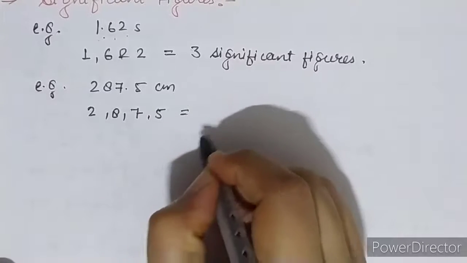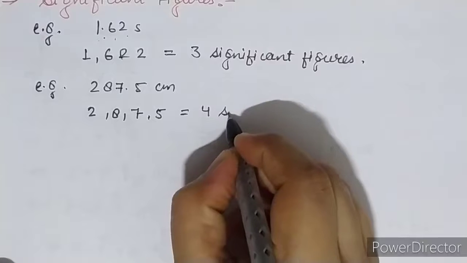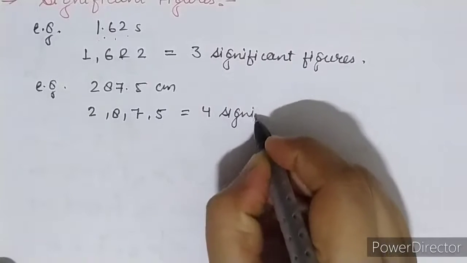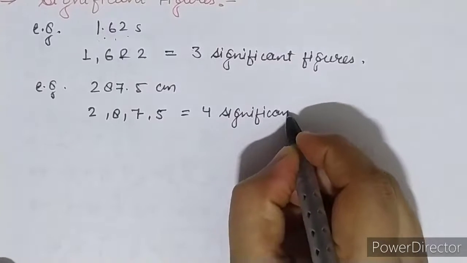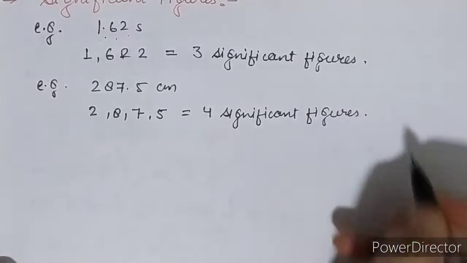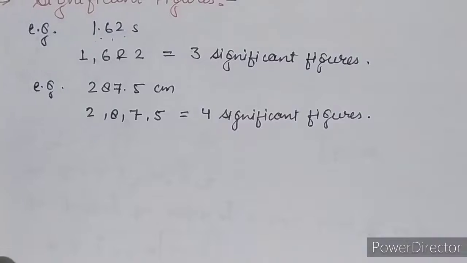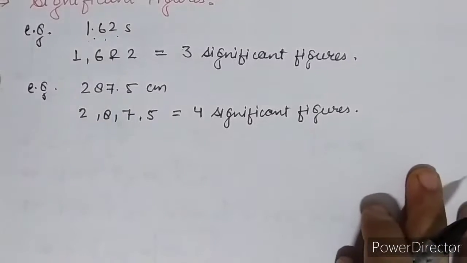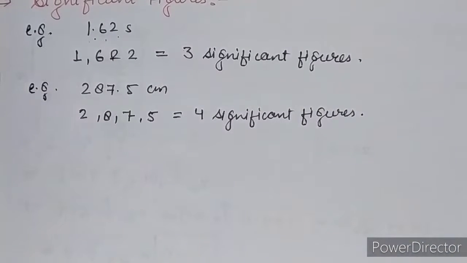So there are 4 significant figures. Okay, clear? Like this you can easily calculate all these things.